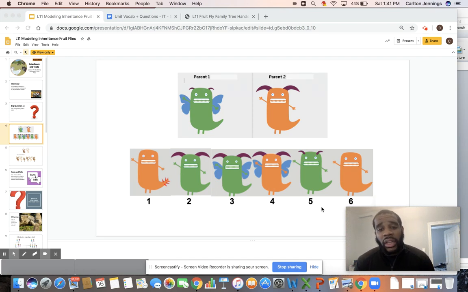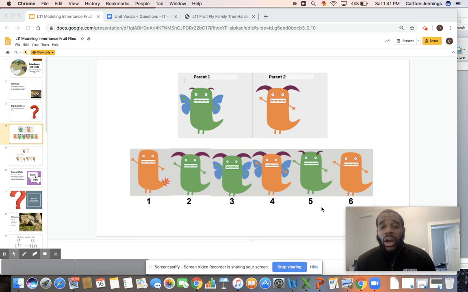We have parent one, which is the mom with the butterfly wings and green, and the dad, parent two, which is orange with the large horns. Monster number one has spikes on its tail. Can monster one be an offspring of these two parents? No, because neither one of the parents has a spike on their tail.